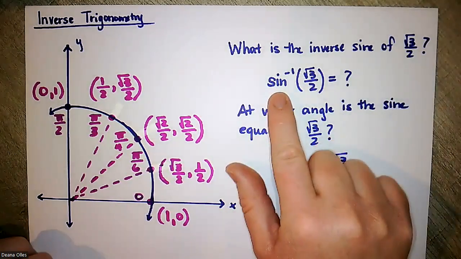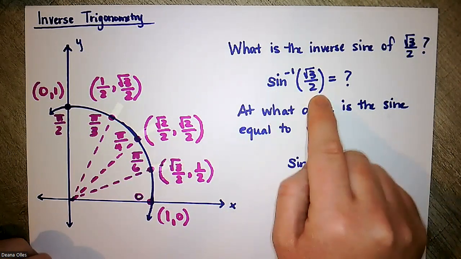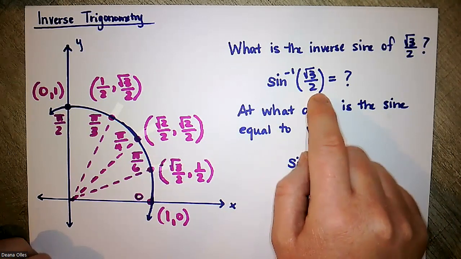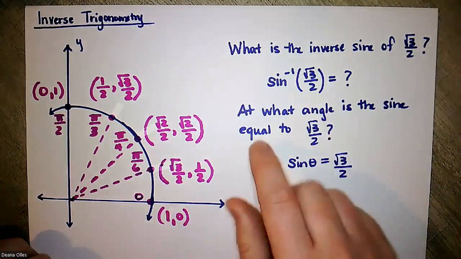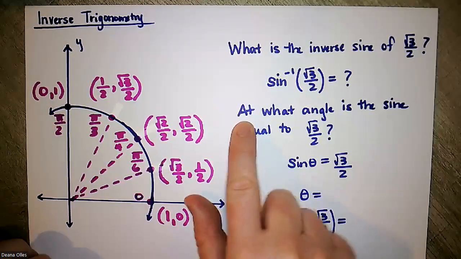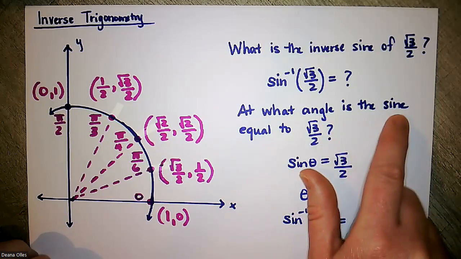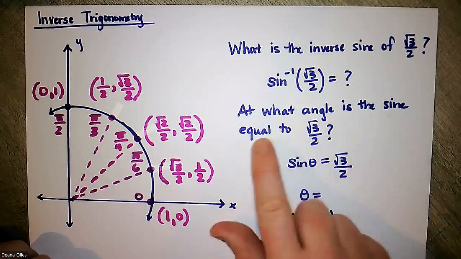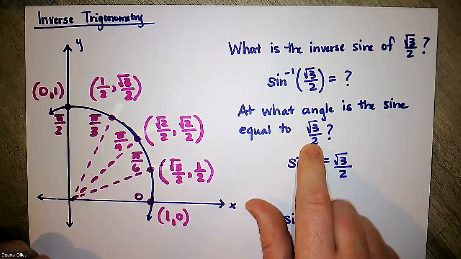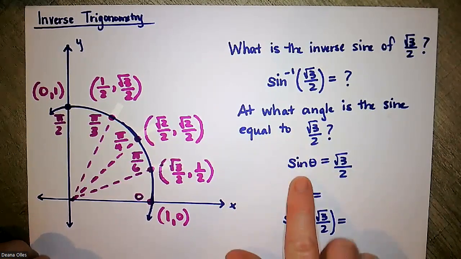So, this would have been the way we asked the question in a high school class. What is the inverse sine of radical 3/2? What the heck does that mean, right? Well, really what that's asking, same question, different wording, is at what angle is the sine, not the inverse sine, but the sine, equal to radical 3/2? Because I know how to answer that question, right?